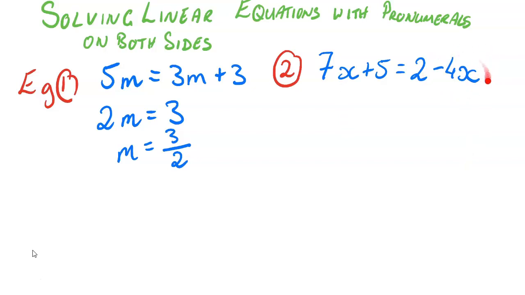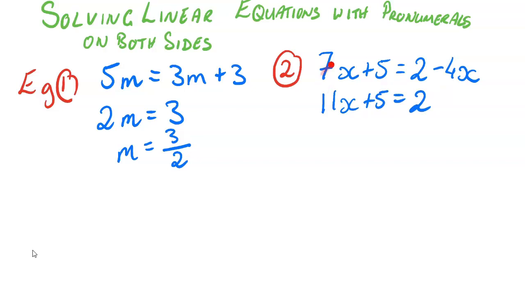But if I add 4x to both sides, I've gotten rid of the negatives, a bit more straightforward. So I'm going to add 4x to both sides. So 7x plus 4x is 11x plus 5 equals 2.